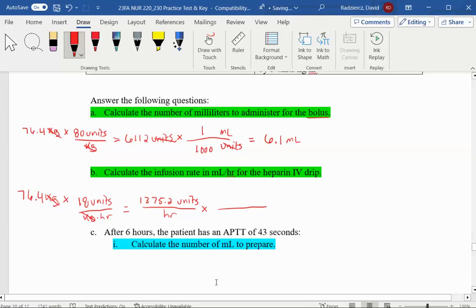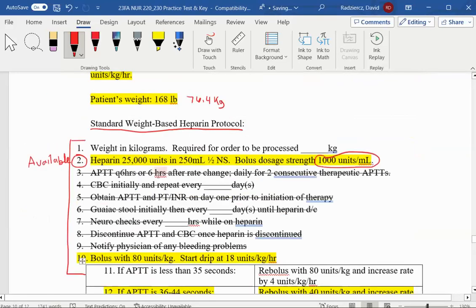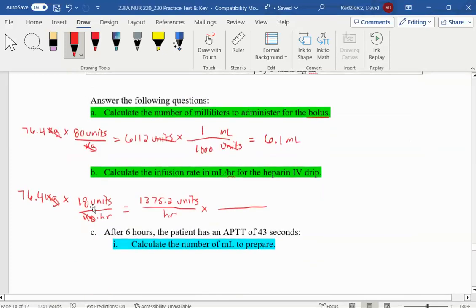So this is where I go to the heparin protocol, or wherever it's stated, for my available. And I want to look for the 25,000 units, 250 milliliters, half normal saline. That should make sense. That's what we're using as our infusion and what our IV bag is. So I want to get rid of units and convert it to milliliters.